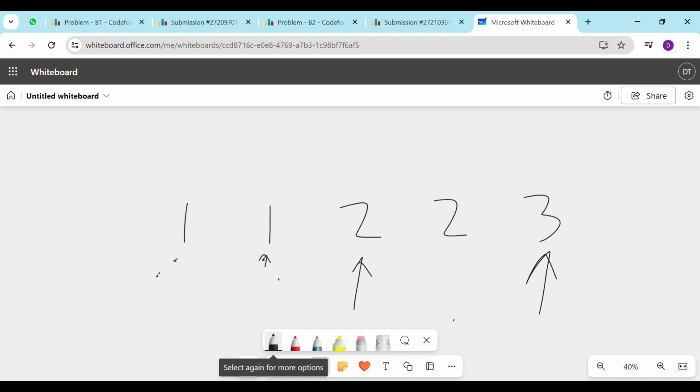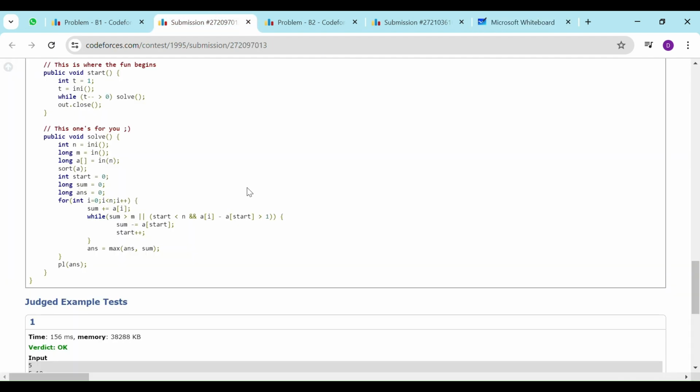Now this is a valid subarray, so we add this sum to our answer and we just need to find the maximum out of all of these answers. Here's a sample implementation. i is my current endpoint. I have sorted the array first so I can pick in increasing order.